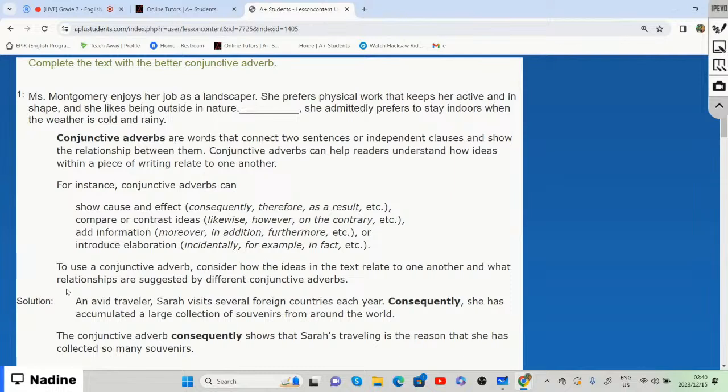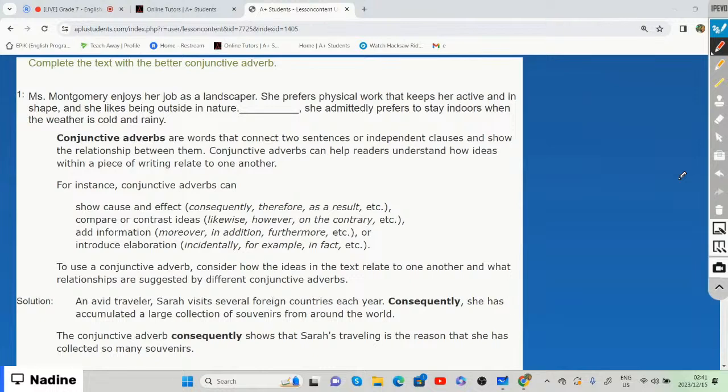All right, if we look at a few examples of conjunctive adverbs. To show cause and effect, we use consequently, therefore, as a result, etc. Then we have compare or contrast ideas, by using words like likewise, however, on the contrary, etc. And in order for us to add more information, we use words like moreover, in addition, furthermore.